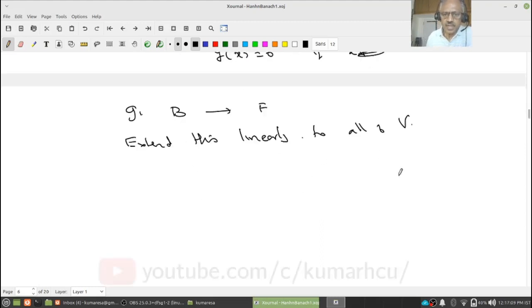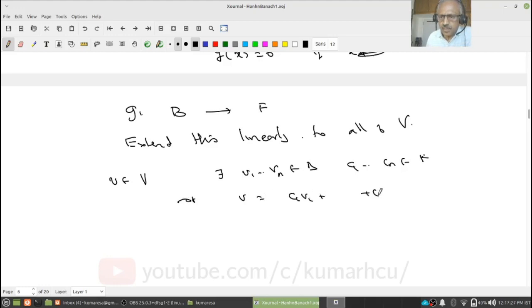Let us recall what it means. If you give me a vector v in V, then I know there exist b1 to bn in B and scalars c1 to cn in F so that v is c1 b1 plus up to cn bn. Therefore, how do I define g of v? g of v I define to be c1 g of b1 plus up to cn g of bn.